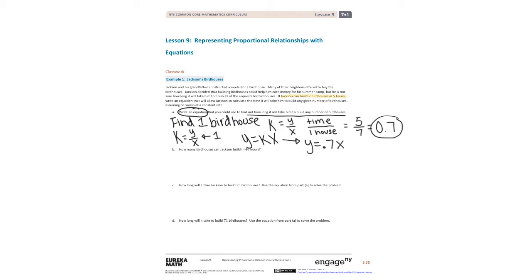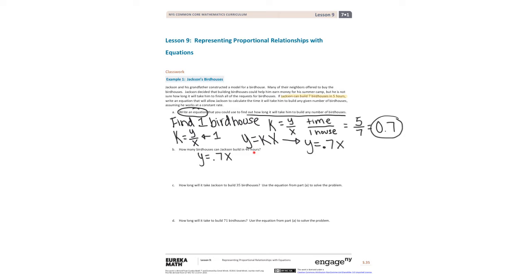Now let's use our equation for B. How many birdhouses can Jackson build in 40 hours? So we have our equation of Y equals 0.7x. Now, is 40 hours going to be our Y value or our X value?